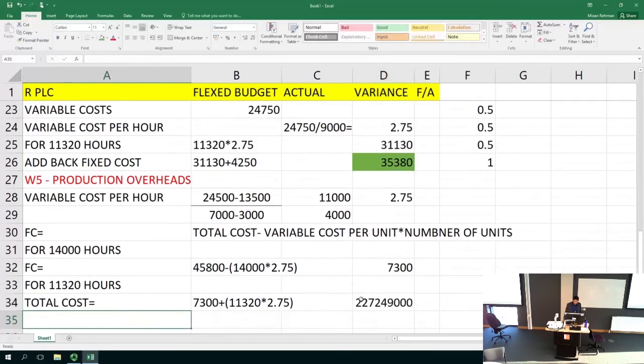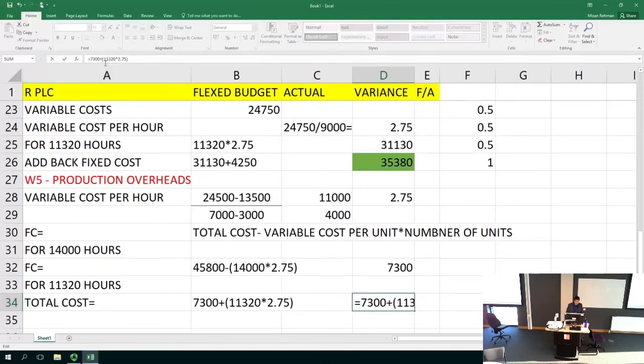Ooh, made a mistake. Where? Put times instead of plus. Yes. Plus 38,430, and that's my answer, which I need to insert into my table.